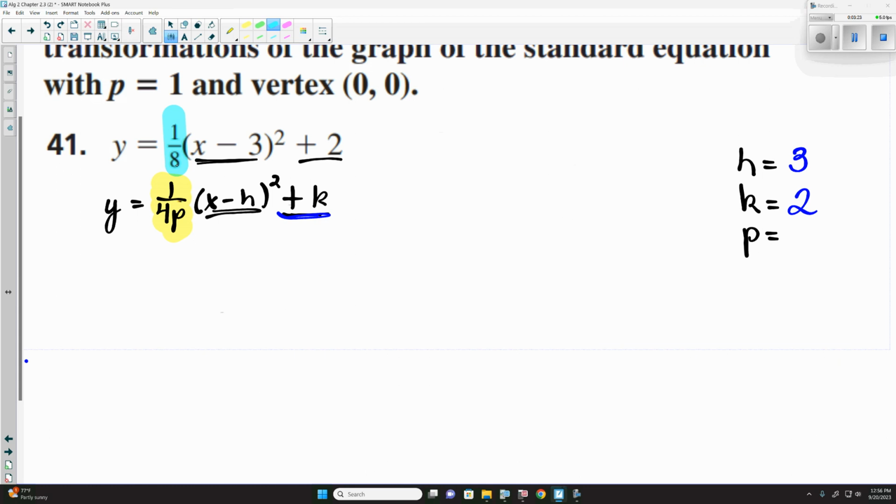Whatever the value p, when plugged into 1 over 4p, should turn it into 1 over 8. So what we're saying is that 1 over 4p is going to equal 1 over 8. Because our 1 over 4p, we'll set it equal to whatever's in front of our parentheses. Whatever the number is, we'll set it equal to it.